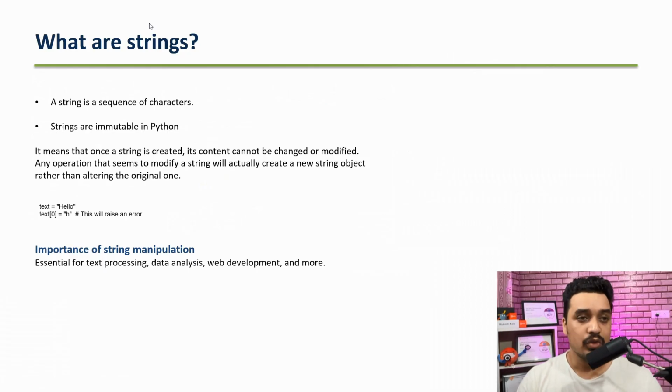Okay, to show that, I will go to the text editor and we'll see all of that in an example. But the last point here says, what is the importance of string manipulation? The importance of string manipulation is simply that when I am writing a program, not always will I receive the input which my program requires. For example, I have to put some data into an application. I want the first name and the last name together.